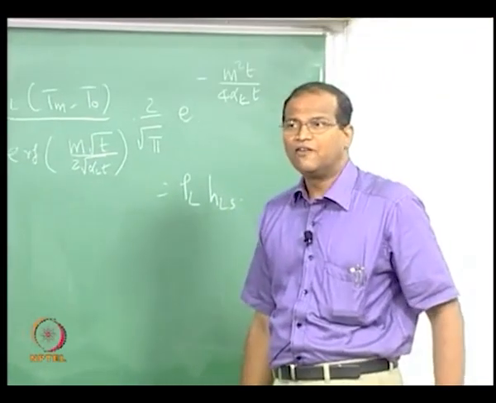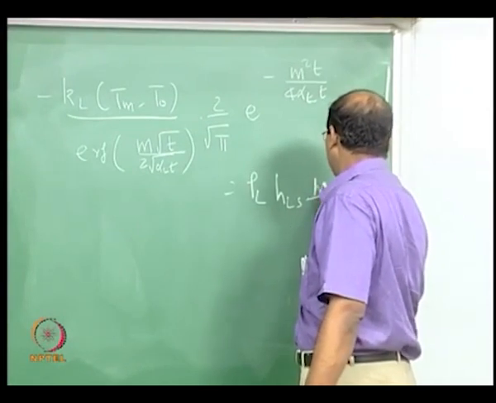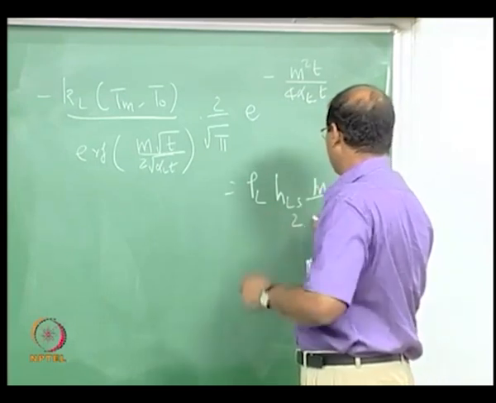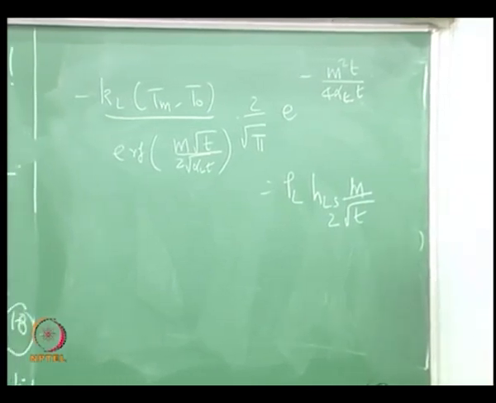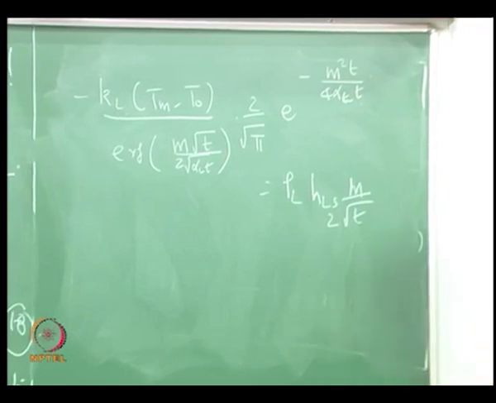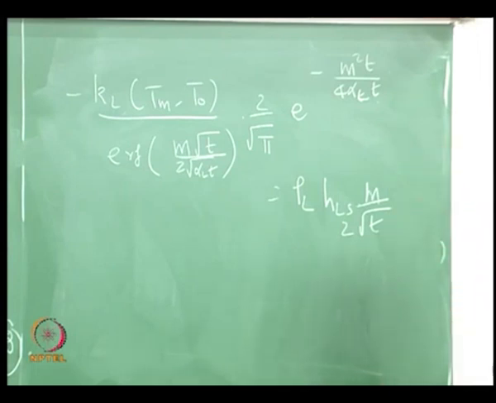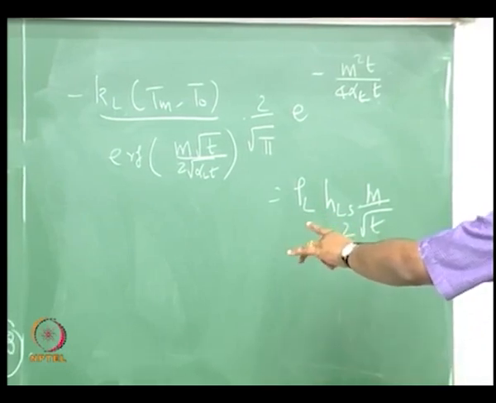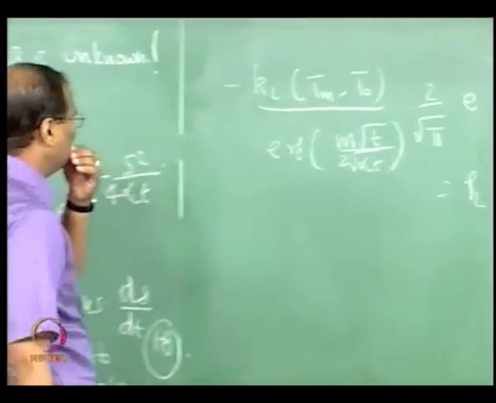It is half m t to the power of minus half, correct? Now what do we do? Is there something else which is missing? e to the power of minus... Now we can collect some terms.